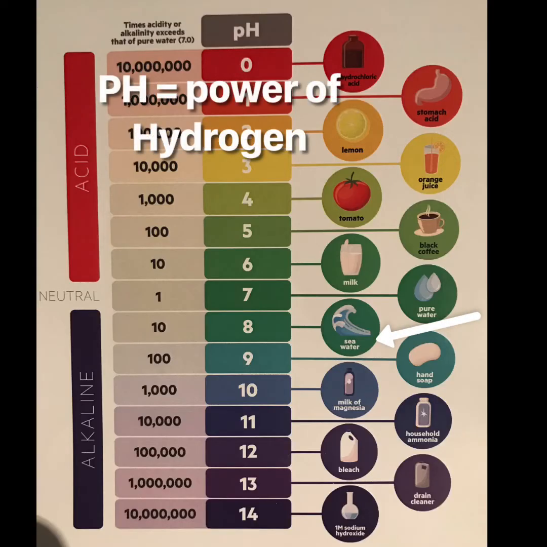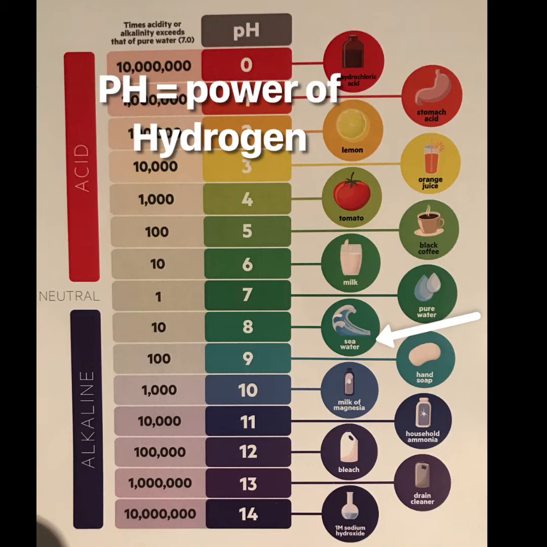So what is pH and what impact does pH have? Well, as you can see, our pH scale ranges from 0 to 14, with our acids at the top and our bases or our alkalines at the bottom, and our neutral in the middle. pH is what they call a logarithmic scale, which means it's not linear.